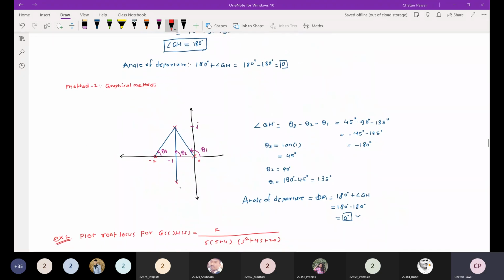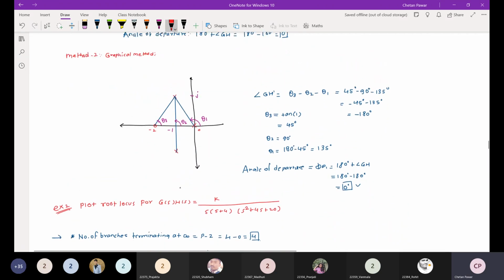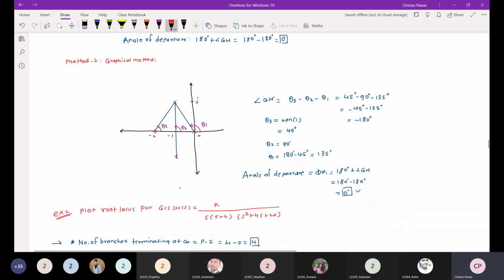In the graphical method, how will you calculate the angle of GH? Instead of putting that point into GH and then calculating the angle, this is a shortcut method.